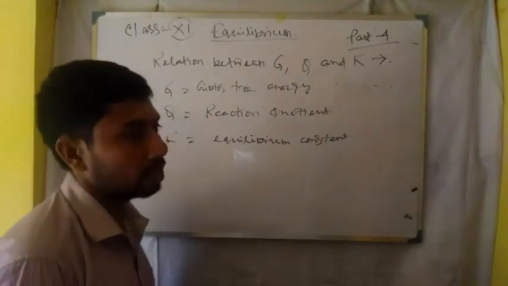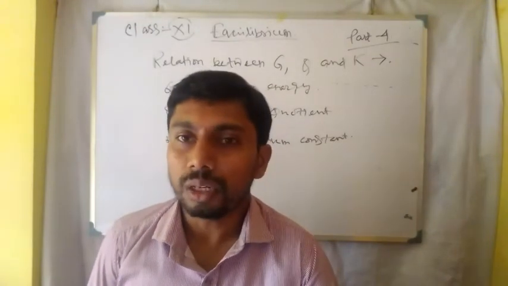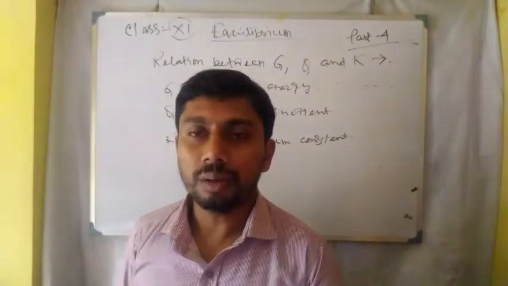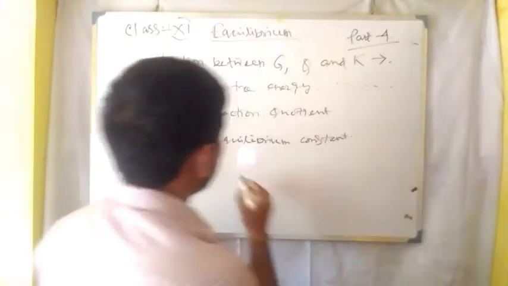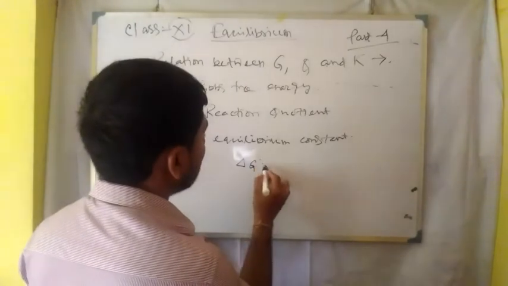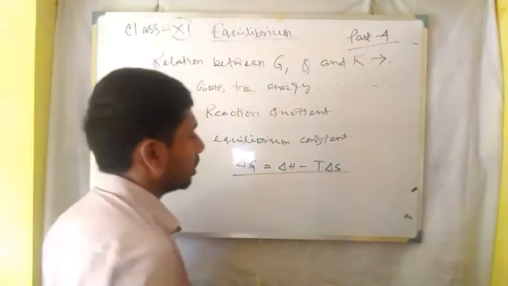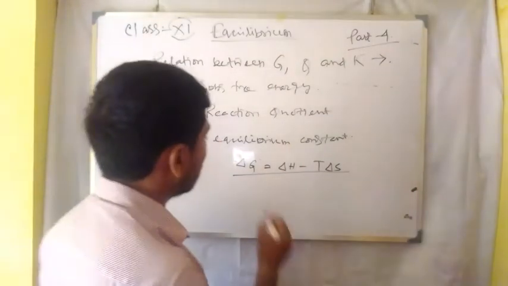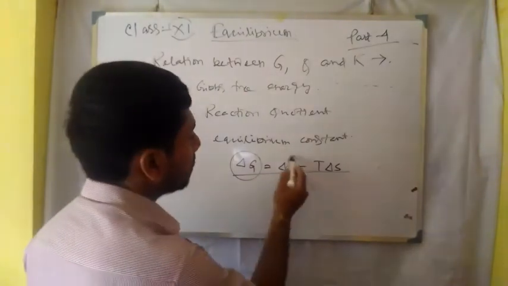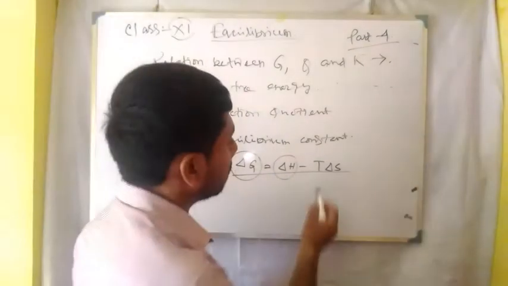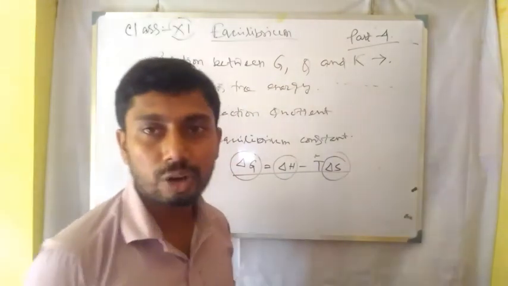What is the thermodynamic term? As we have already studied thermodynamics, it contains an equation, the Gibbs-Helmholtz equation: del G is equal to del H minus T del S. Del G is the change in the free energy of the system, del H is the change in the enthalpy of the system, T is the temperature in Kelvin scale, and del S is the change in the entropy.